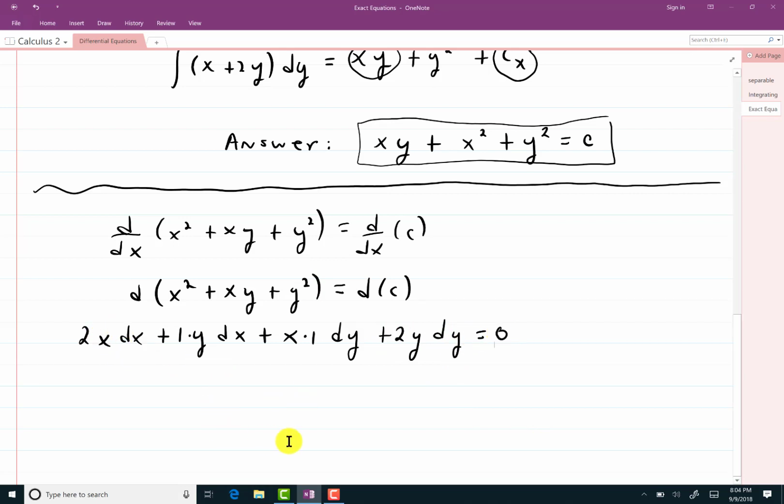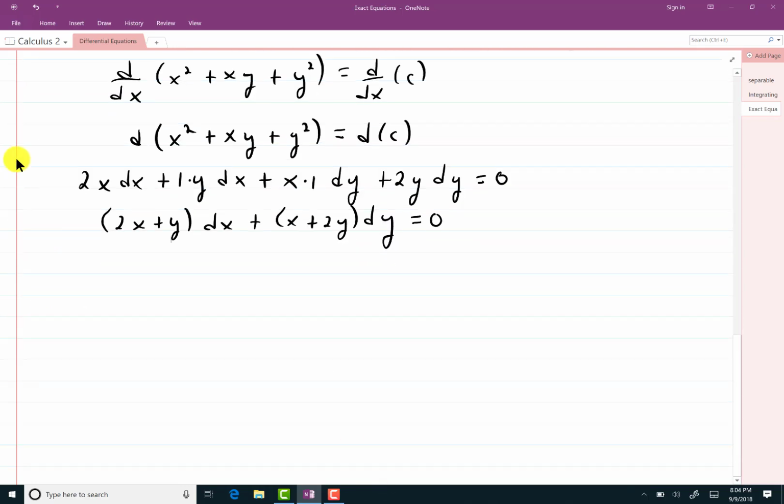Let me combine my dx's, and I'll have 2x plus y dx plus x plus 2y dy, and that's equal to 0. So this yields exactly the same thing I had before, but this time I multiplied through by dx to begin with. So right here, what we have is the differential of this stuff.